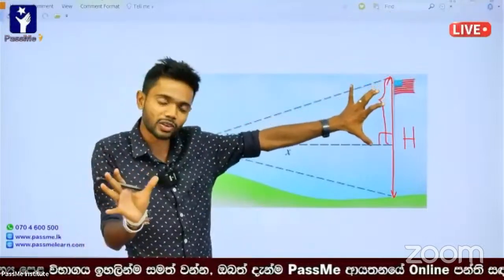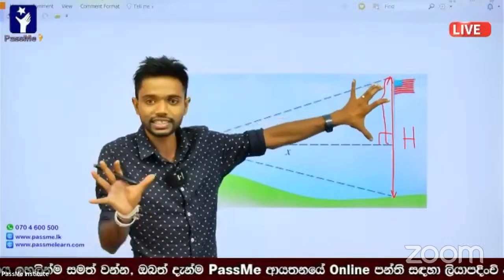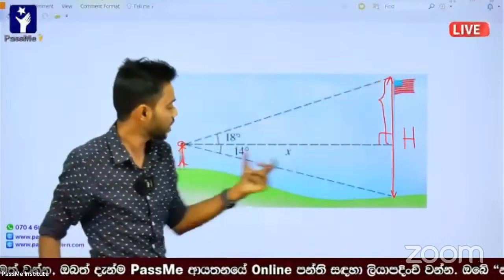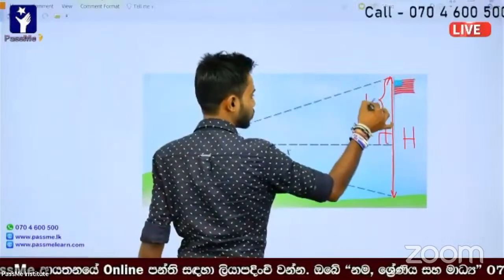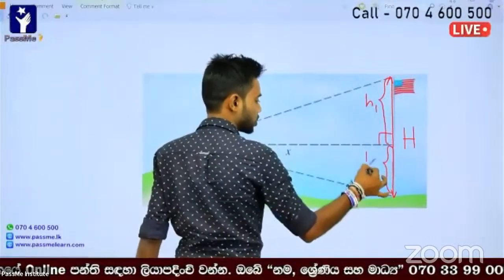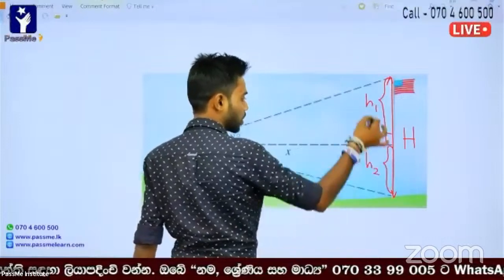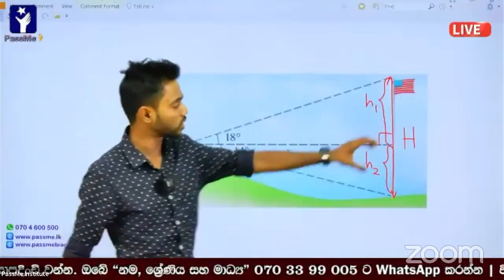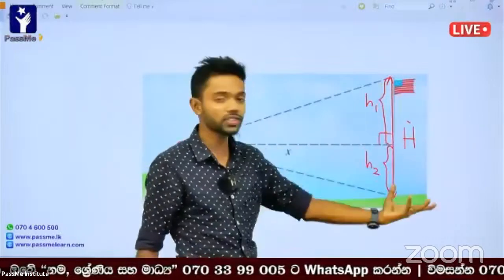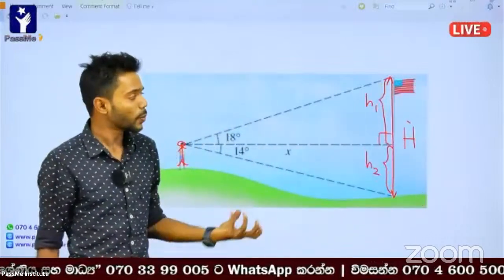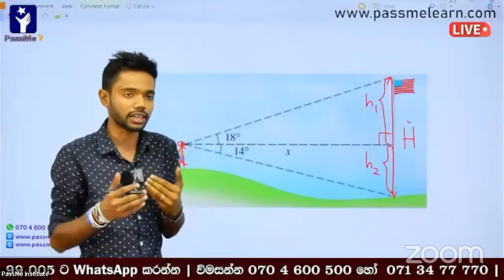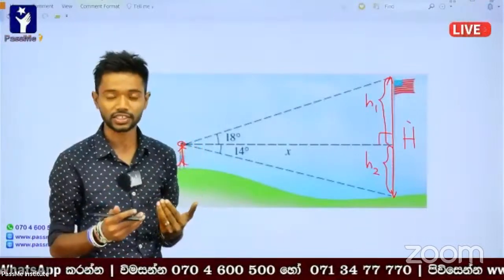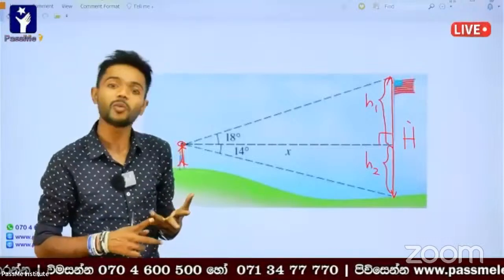So you can calculate the distance in the right angle triangle. Here also, in the bottom right angle triangle, you can calculate, let's say this is small h1, and this is small h2. So you can add small h1 and small h2 to calculate the capital H, which is the height of this tower. So this is how practical questions are converted to right angle triangles. It can be two or one or more than that.